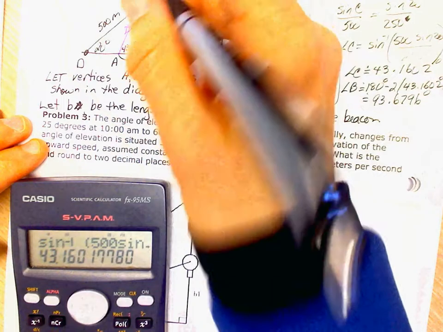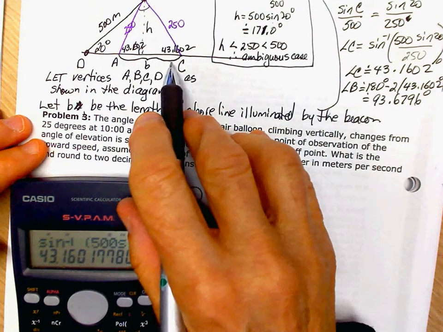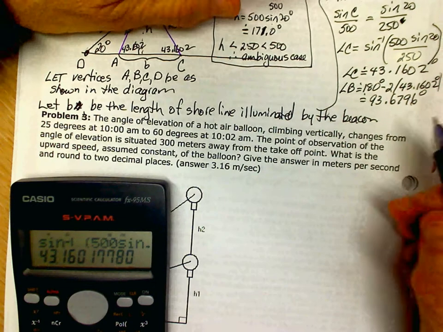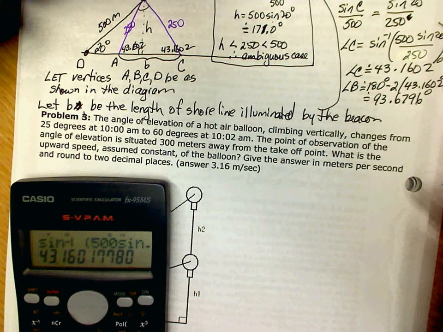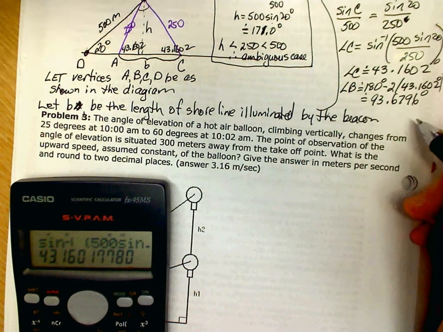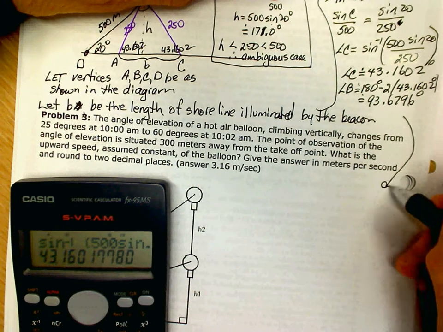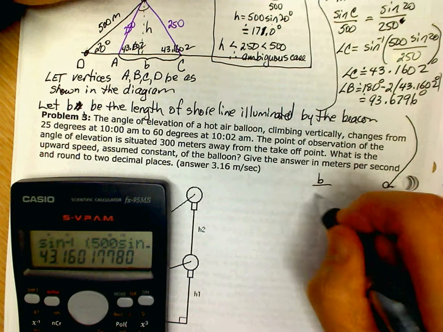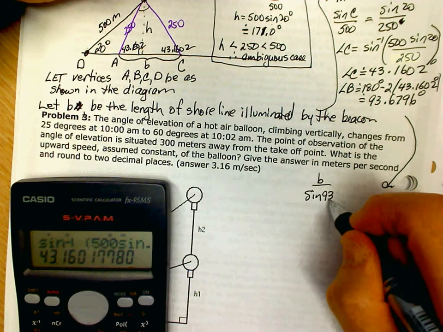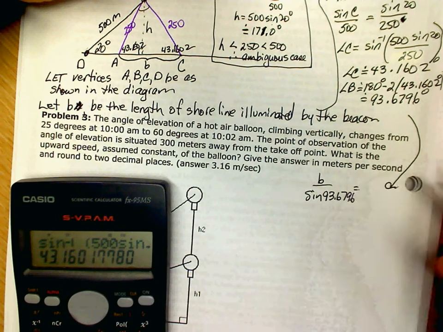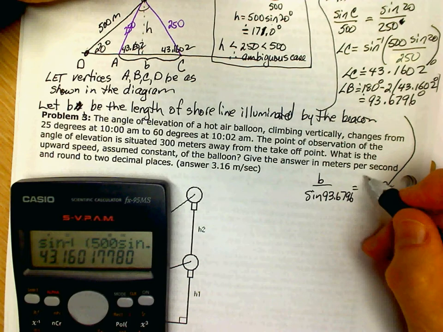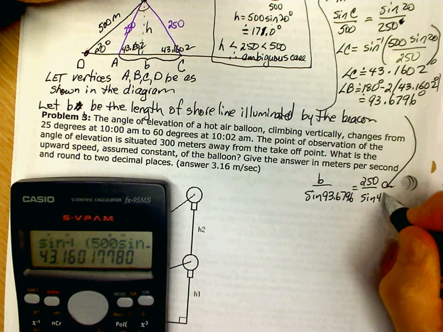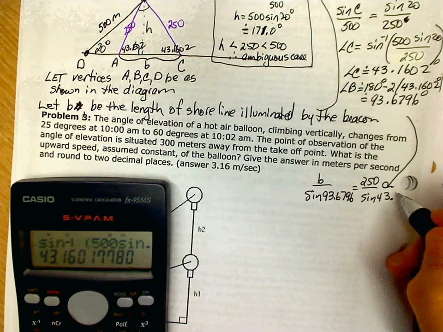You can use cosine law, right? You can use sine law. So B, I'm going to bring it down here. I apologize for the squishiness. So B over sine of 93.6796 is equal to 250 over sine of 43.1602.